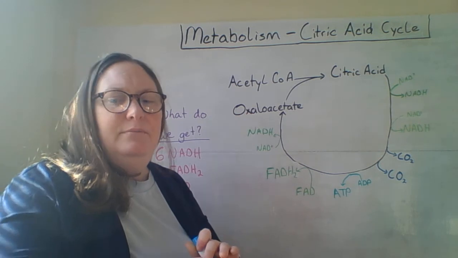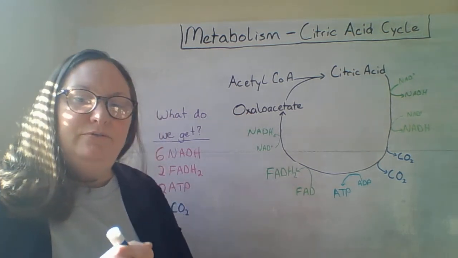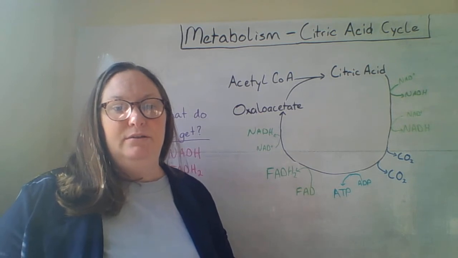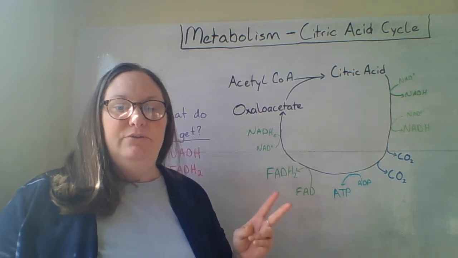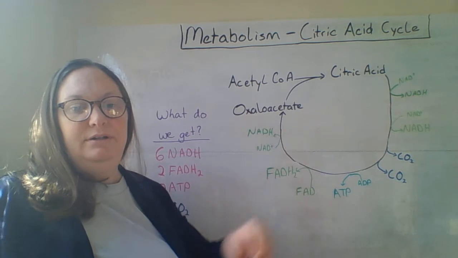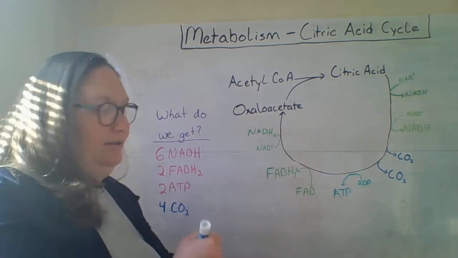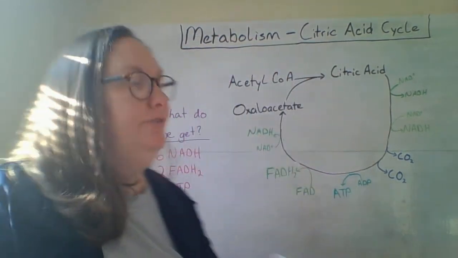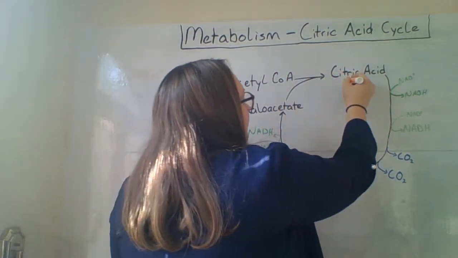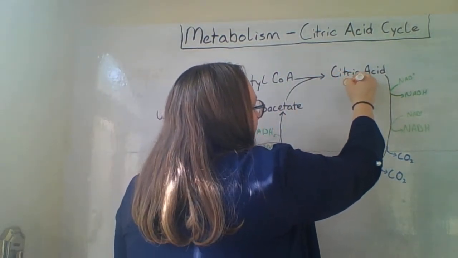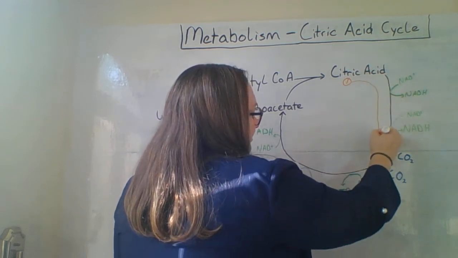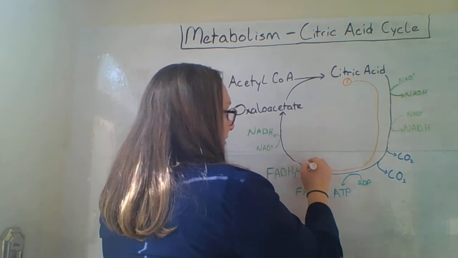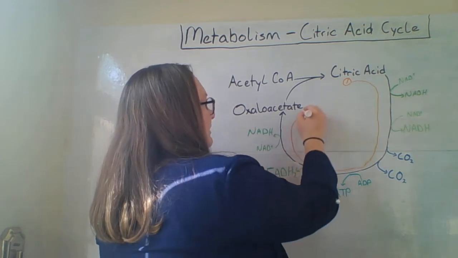Alright, so my question for you is this. For one glucose molecule, how many pyruvates did we make? We made 2, didn't we? So how many times are we going to go around? Twice, right? So let me see. We'll do the first time in orange. 1. Alright, we make an NADH, another NADH, 2 CO2s, 1 ATP, an FADH2, and another NADH.